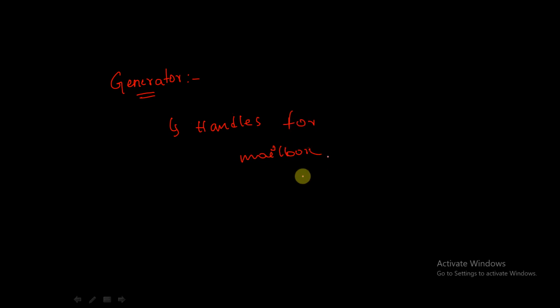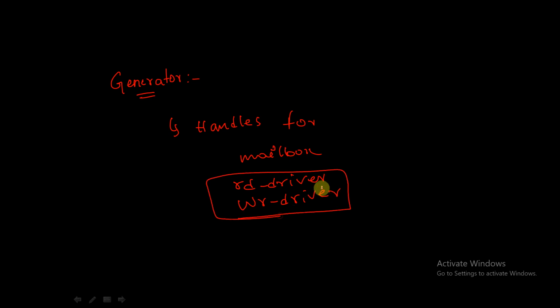If you carefully observe, in my generator class I'm only creating handles for my mailboxes, that is read driver and write driver. These two mailbox handles I'm just declaring, but I'm not creating the instance.